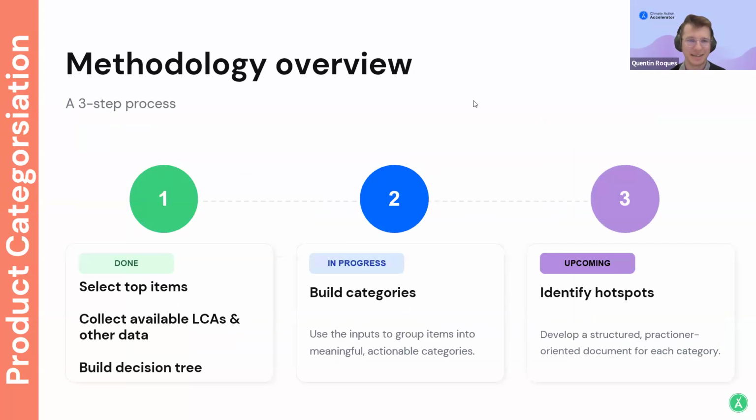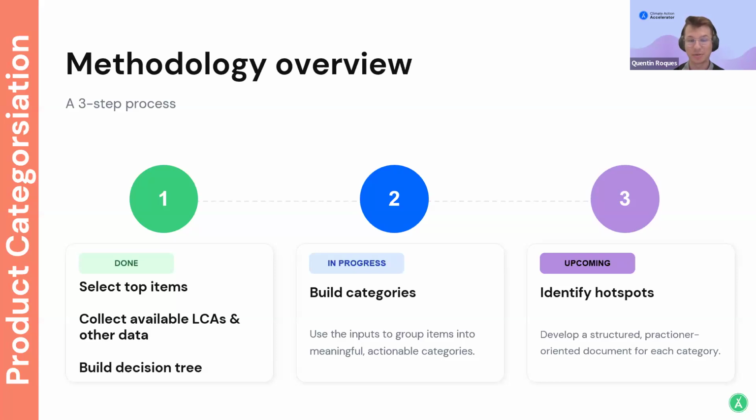Thanks, Sarah. Now I'm going to explain to you how we created those categories. So the first step was really to gather information and to select the key and the top items, to collect all the available LCAs and other information we can find on them, and also to build a decision tree to help us categorize.